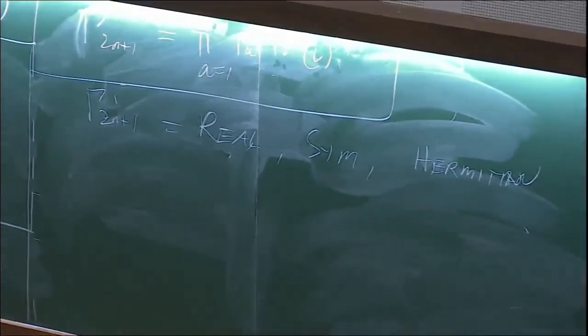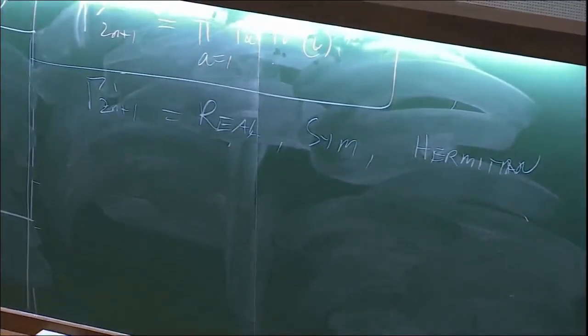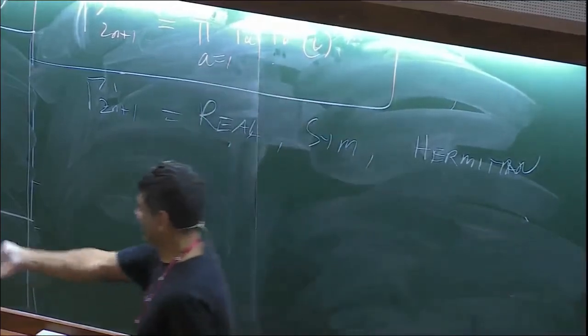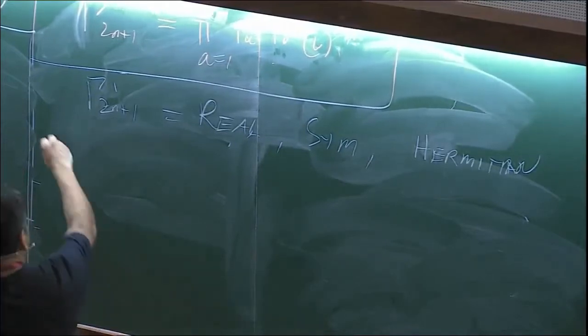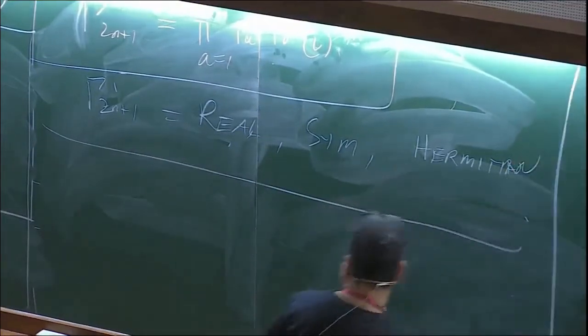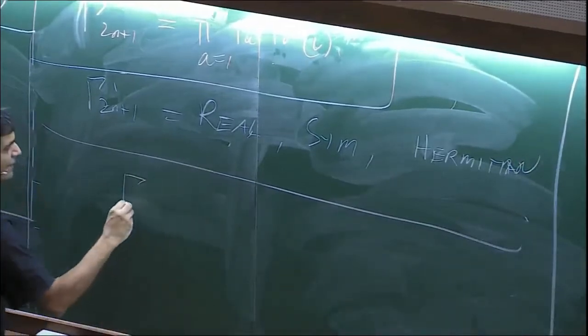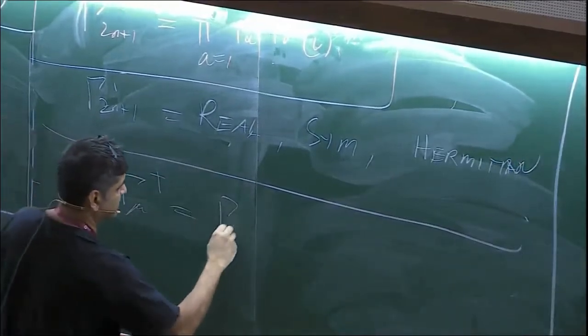Is this clear? Questions, comments? Okay. So once I say this, everything for SO(2n, 1) also goes through. The one thing that is different is the Hermiticity property. So we previously had that gamma mu dagger was equal to gamma mu.